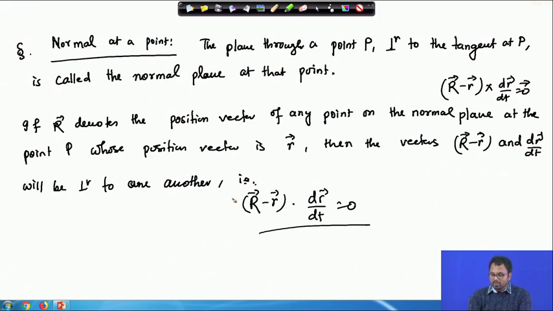So, this equation is the equation of the normal plane at a point P to the curve r = f(t).